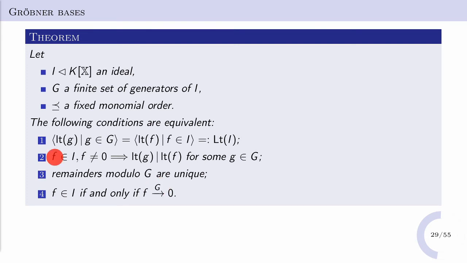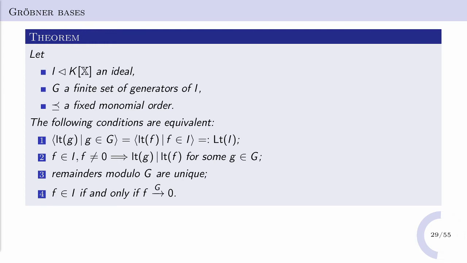Another condition says that if we have a non-zero polynomial in this ideal, then its leading term must be divisible by the leading term of one of the polynomials in G. And another condition says that the ideal generated by the leading terms of elements of G is the same as the ideal generated by the leading terms of all the polynomials in I.